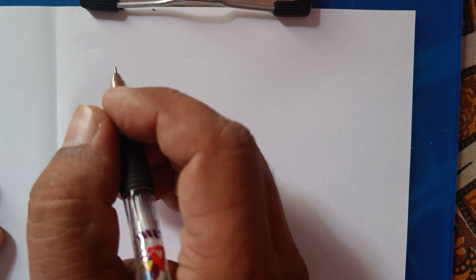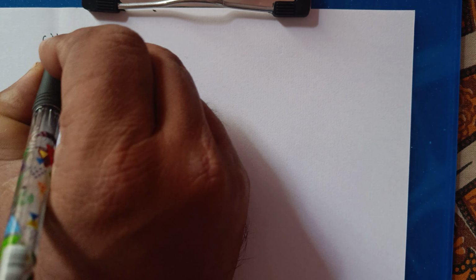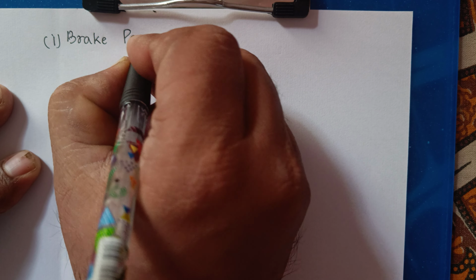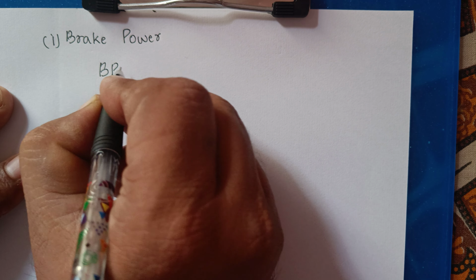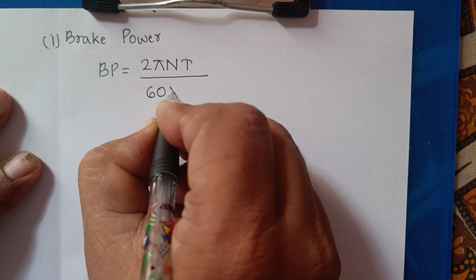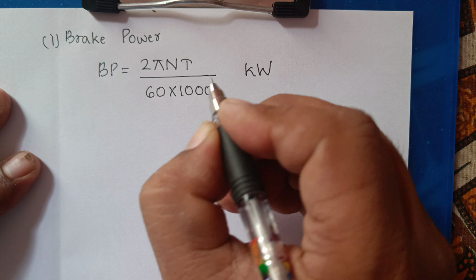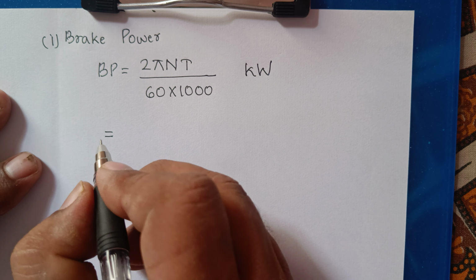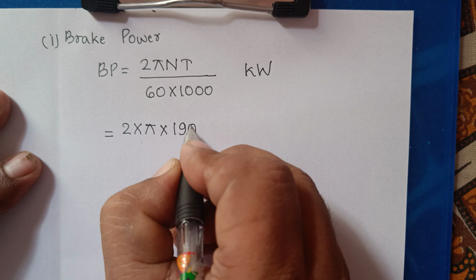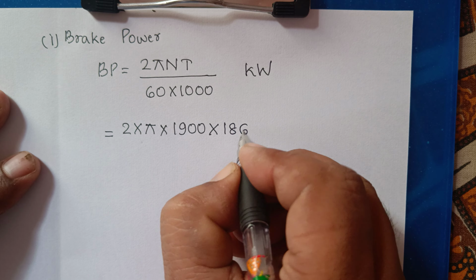Now let us first find out the value of BP, which is to be found out in the problem. So I will write brake power. So we know the equation for brake power. BP is equal to 2 pi NT divided by 60 into 1000. I have told you for what reason we are using 1000, to convert watt into kilowatt. So let us substitute all the parameters given in the problem. So 2 into pi into speed is given as 1900 rpm, and torque given to us in the problem is 186 Newton meters.